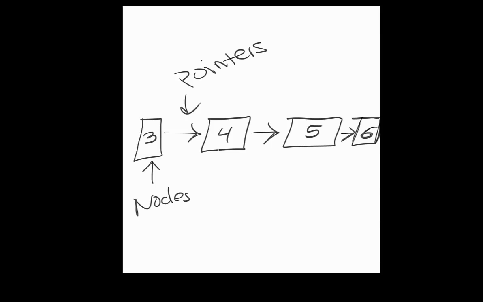So the way that you create a node in code is you simply create a struct. We're going to call this node. And because I'm holding integer values, inside of our struct, we create an integer, and I'm going to call this data.